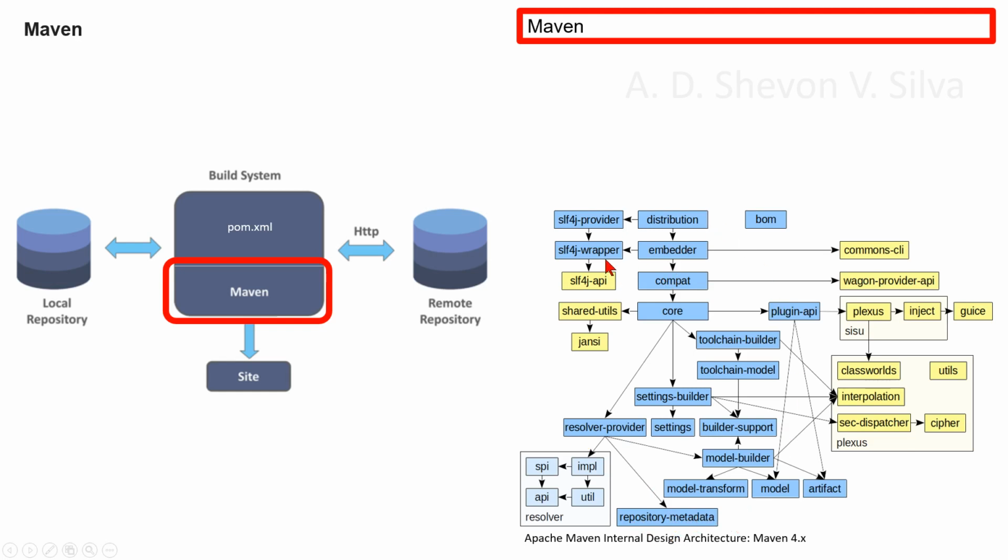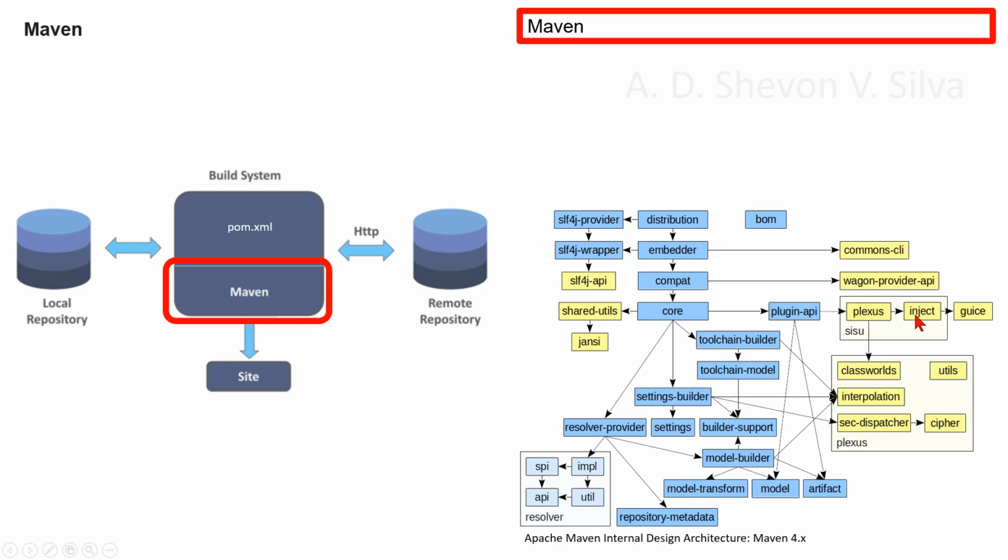And you can see here embedder is connected to commons CLI, and SLF4J-wrapper is connected to SLF4J API, and core is connected to shared utils, and shared utils is connected to Jansi, and plugin API is connected to Sisu, and inside it you can see plugin API is connected to Plexus, and in Sisu you can see Plexus and Inject.